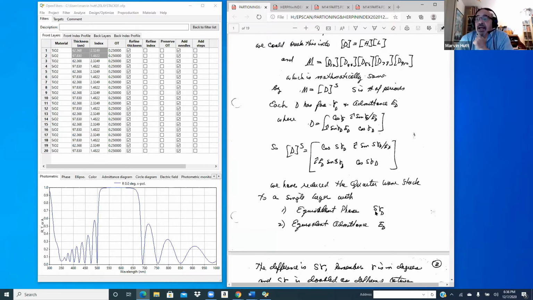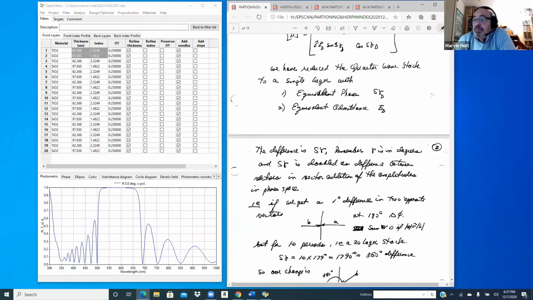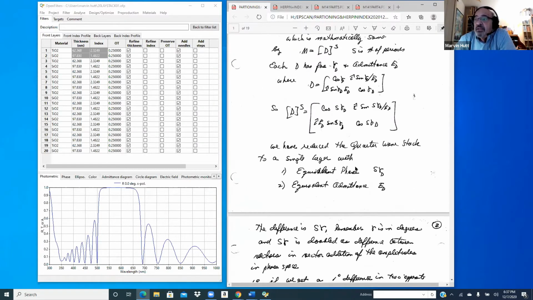We call this the equivalent phase, and E the equivalent admittance. Well, if it's admittance, then A0 minus admittance over A0 plus admittance is the reflectivity, and the reflectivity is R times its complex conjugate.